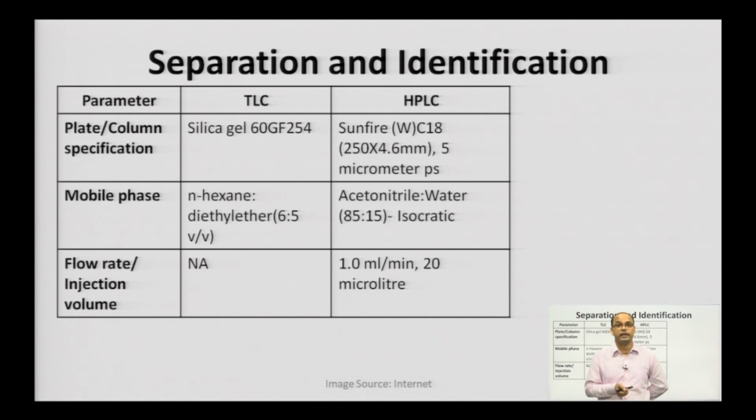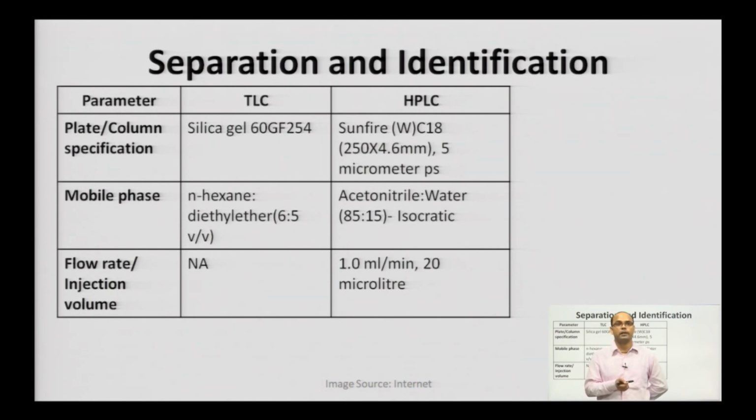In TLC, as previously, we have used a pre-coated silica gel plate. Here silica gel 60 GF 254 pre-coated plates we have used for our TLC analysis. Mobile phase, here we have used n-hexane and diethyl ether in the ratio of 6:5 volume by volume.